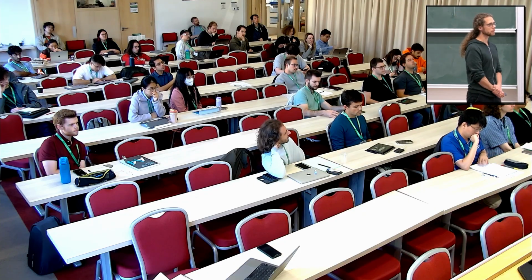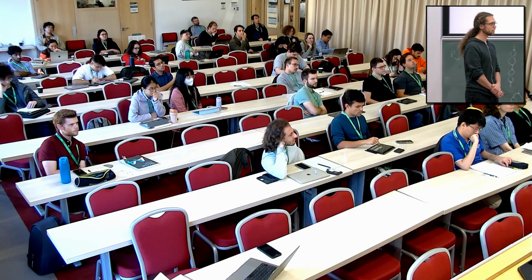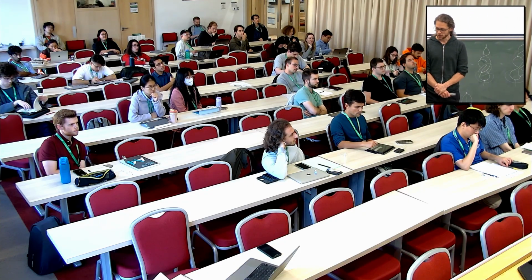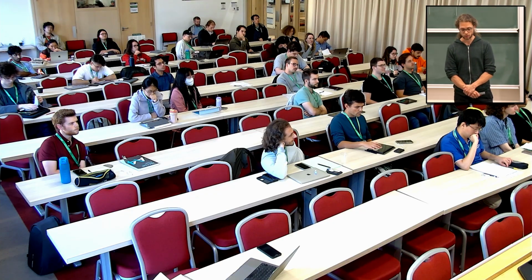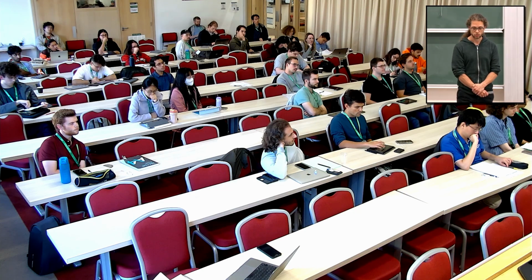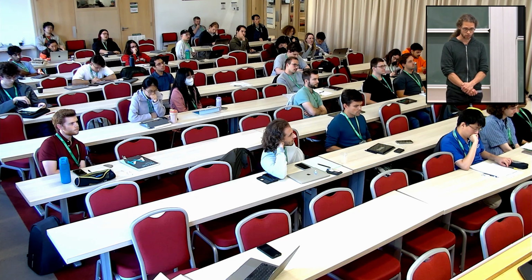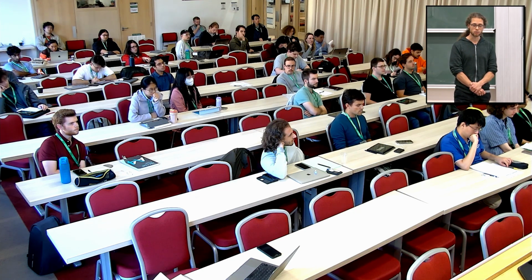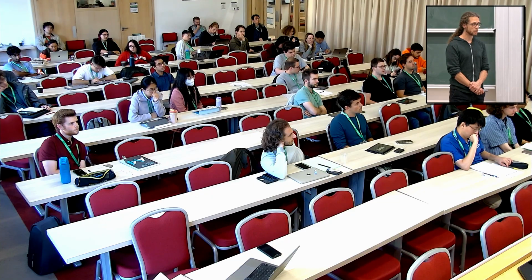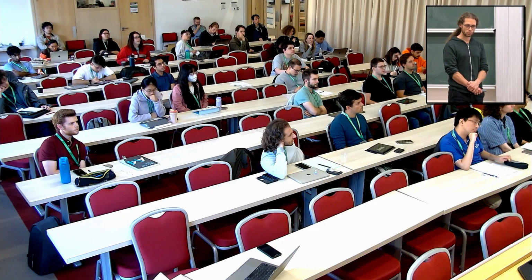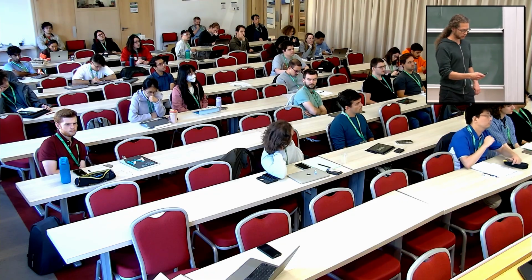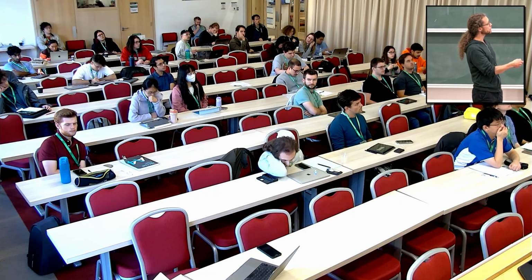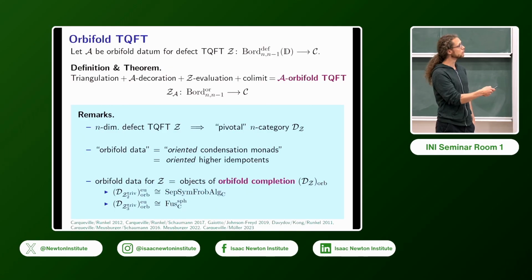I think there's at least 3 perspectives I want to give on that. So one is, how do you decide which higher target category to choose when you consider extended TQFTs? And in practice, it appears that, well, you ask what are the topological defects in all the bulk theories you want to consider, and can you then construct at least a non-extended defect TQFT like this, with values in Vect or SVect or something?